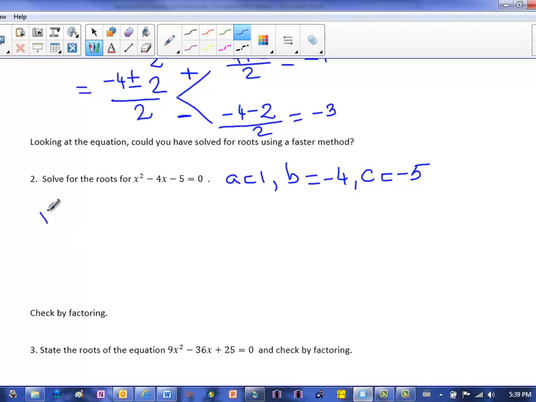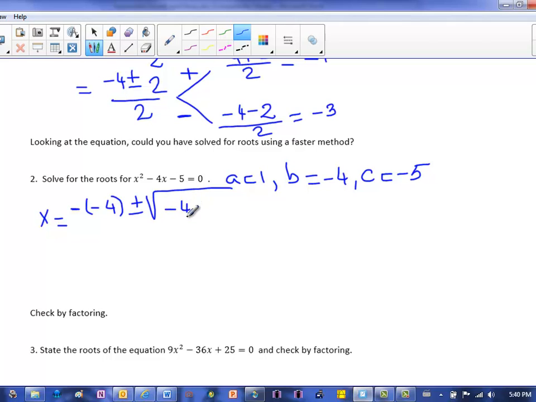So, what are the roots? Well, I have negative b, or negative 4, plus or minus square root of, and for this particular case I would like to write it in detail because a lot of you, I notice, make the assumption that when you're squaring a negative number you don't need to use brackets.